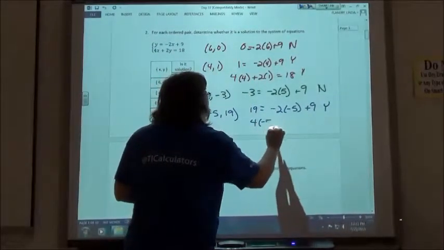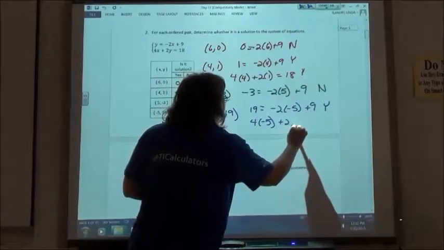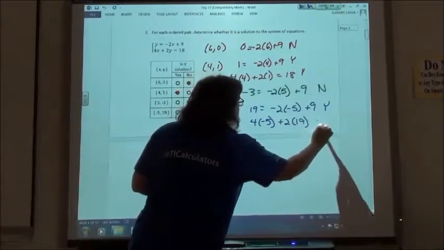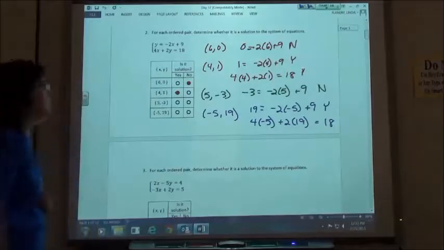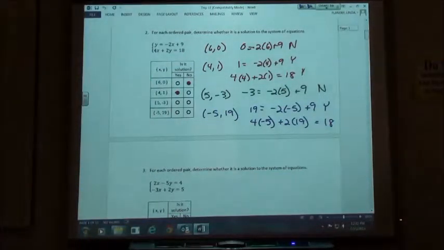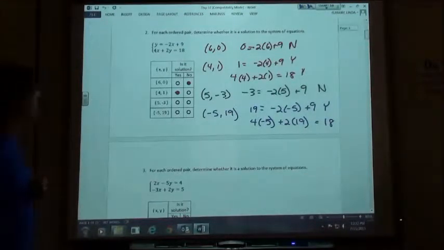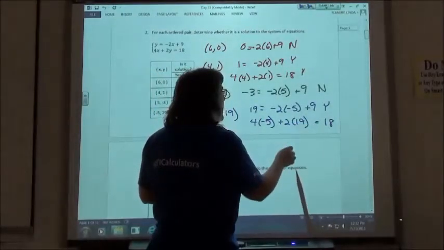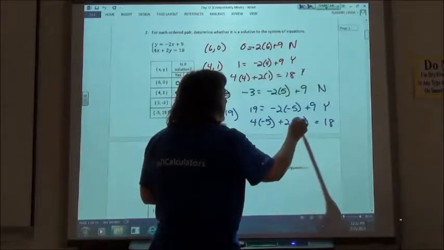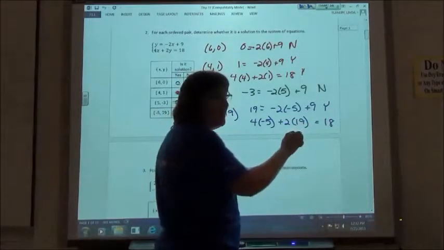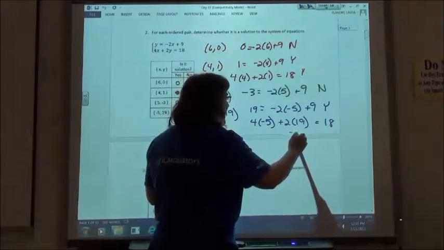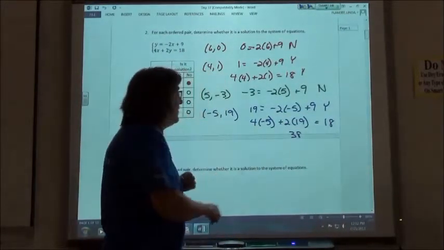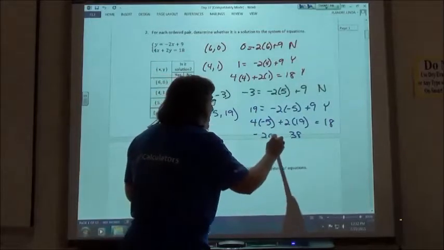So 4 times the x value of negative 5 plus 2 times the y value of 19. Do we get 18? Two times 19 is 38, right? 4 times negative 5 is minus 20.